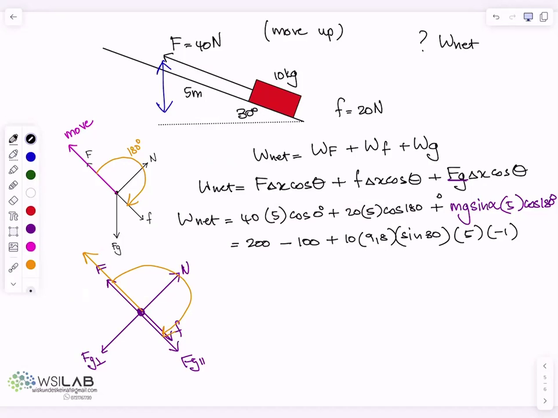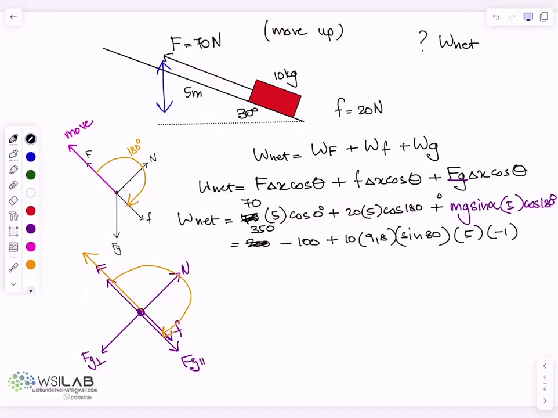And then I get, oh my word, we're not pulling this up. 40 newtons is not strong enough. Really? Sorry about that. Let's just change that 40 newtons to 70 newtons. And this is 350 then. Really?